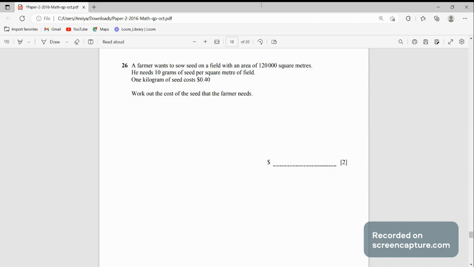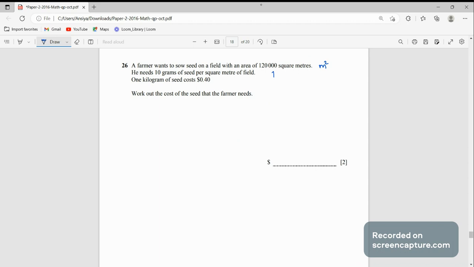Now, question 26. A farmer wants to sow seed on a field with an area of 120,000 square meters. Square meters, meter square, both are same. He needs 10 grams of seeds per square meter.